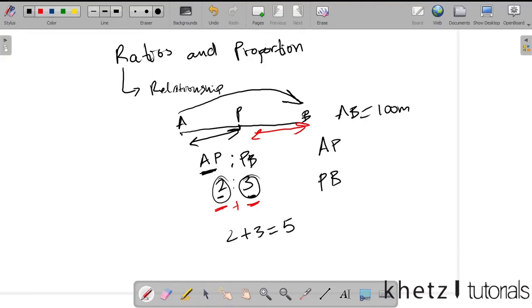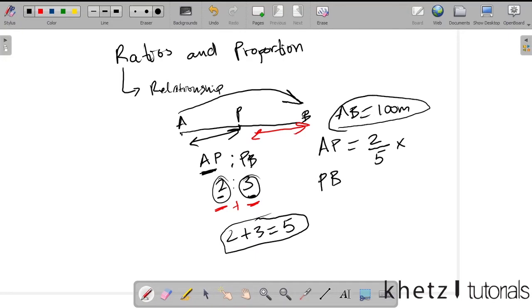Then you take the number associated with the line of interest. Our interest is in AP, which is 2 in the ratio. Then we divide that 2 by the total we got after adding the 2 values, so 2 over 5, and then you multiply that by the total length AB, which is 100. We did the same with PB.